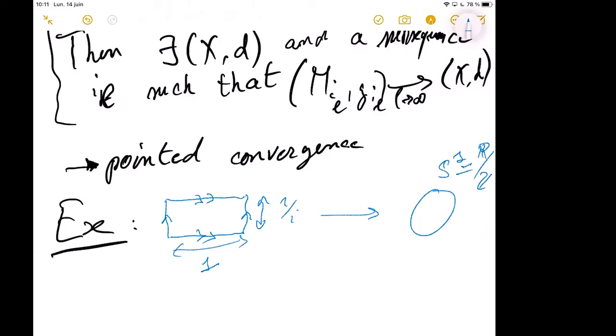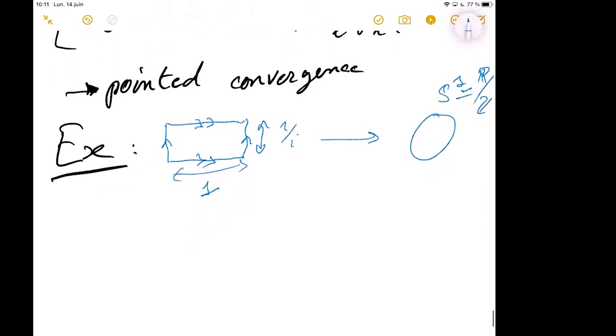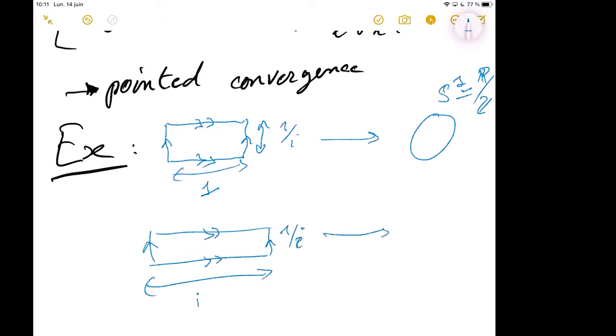So you have this collapsing in the y direction while the x direction stays the same. You can play a little bit with this idea. Like if you have, for instance, i and 1/i, and this will go, in the pointed sense, so let's fix some point, to R with an origin.